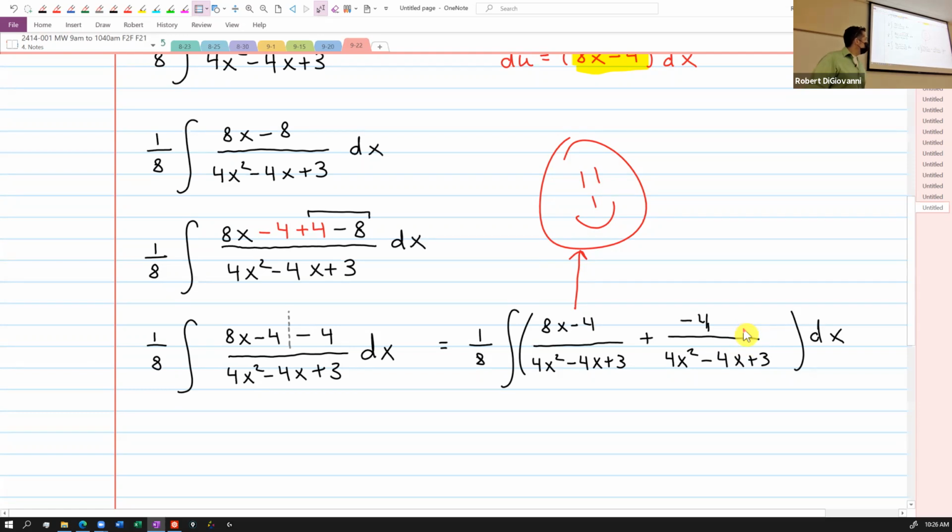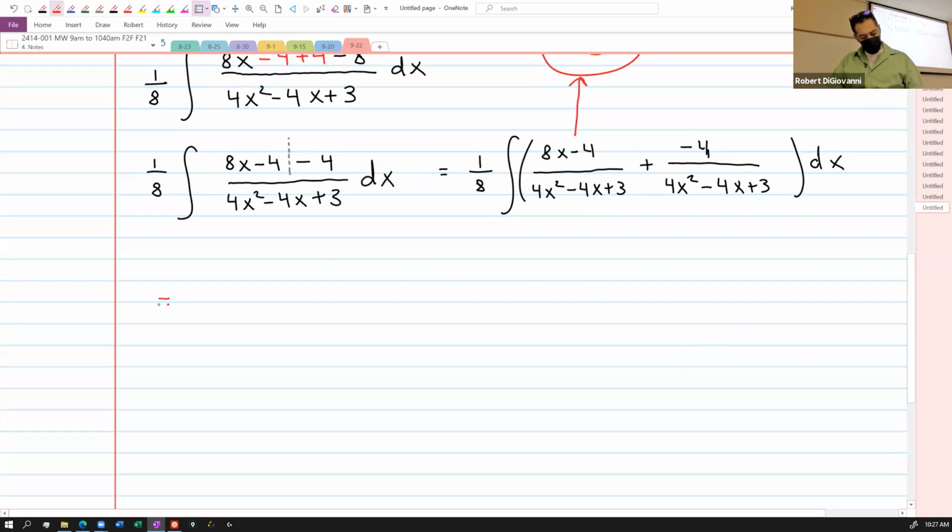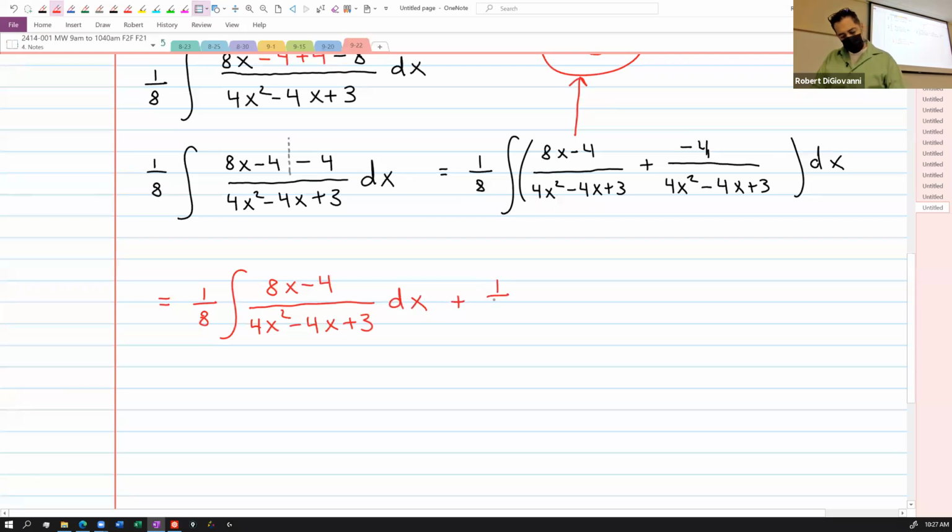Okay. So let me break this into two problems now. It'll be 1/8 integral 8x minus 4 over 4x squared minus 4x plus 3 dx. And then the other integral, be real careful here. The other integral is going to be 1/8.